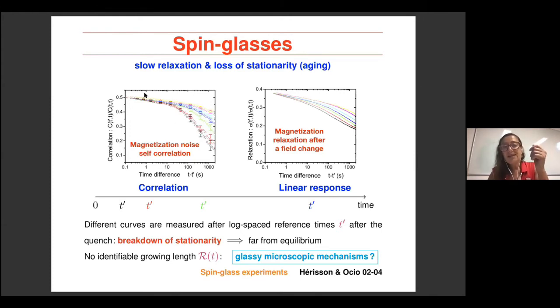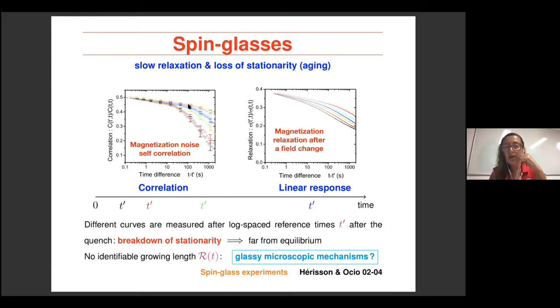And what you see is that, like in the coarsening problems, you have a regime of short time differences where all these curves fall on top of each other. And then there is a regime of long time differences where they deviate and they express these aging properties of the sample. So it's very similar to what was observed in the coarsening phenomena.